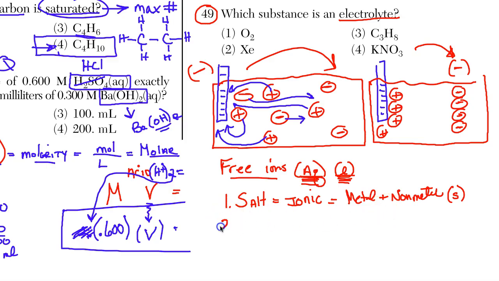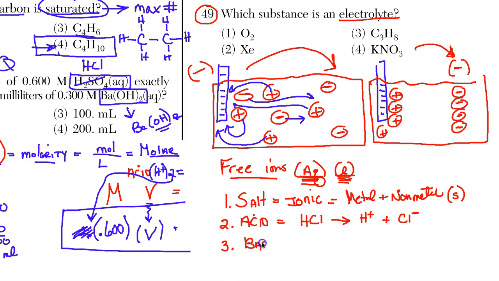Okay, second thing that produces free ions are acids. Acids dissociate, like HCl, into, guess what, H+ ions, which make it an acid, and its conjugate base, the Cl- ion, or anything that could be the other part of the acid. And of course, the other electrolyte is a base.